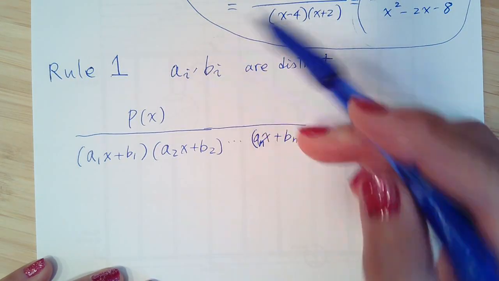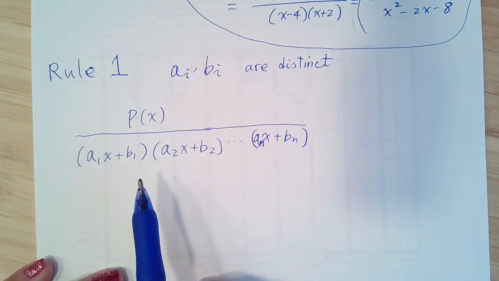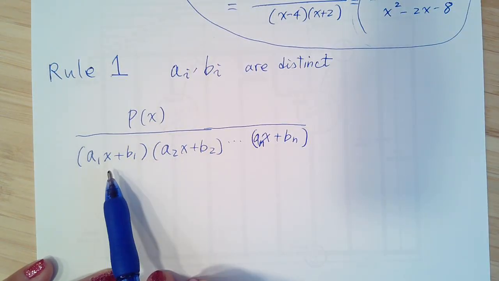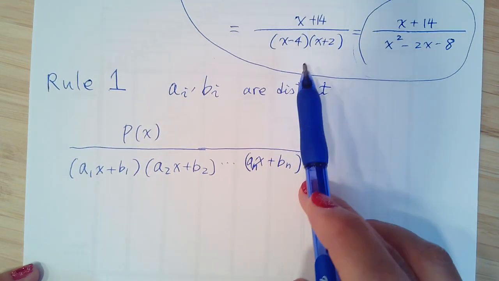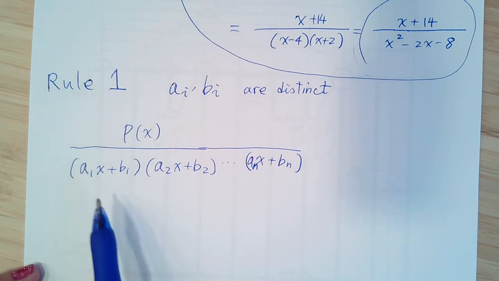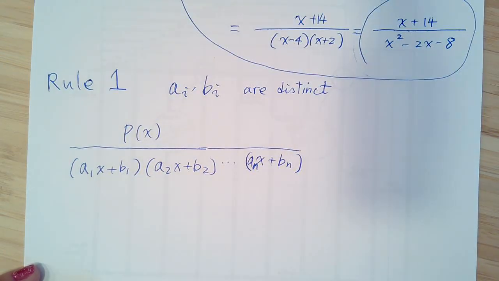That's why I said the ai, bi are distinct, which means each of them is different. There's no square, okay? So everyone is different. Compare with this one. Do you see this? Here is x minus 4, x plus 2. They're different. Which means in the denominator you have all those linear expressions, and they're all different.